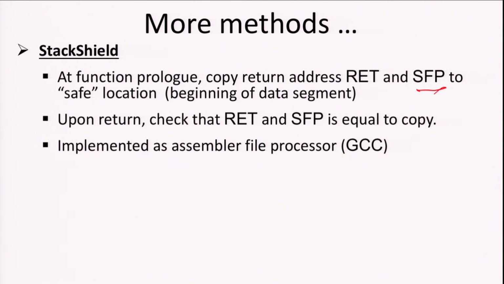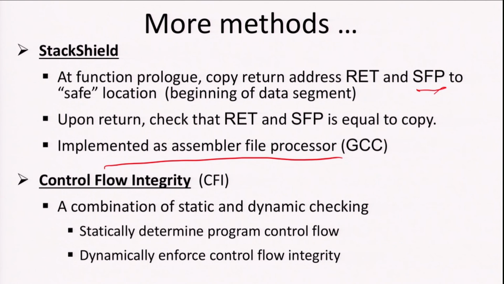If they are, then it's fine. Otherwise, it can figure out that there has been an overflow, and it can then rewrite with the original value of the return address or SFP, or it can terminate the program. This is implemented as an assembler file processor and a change to GCC.